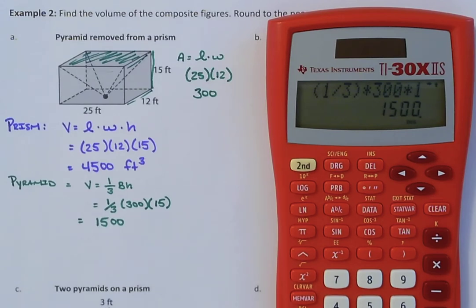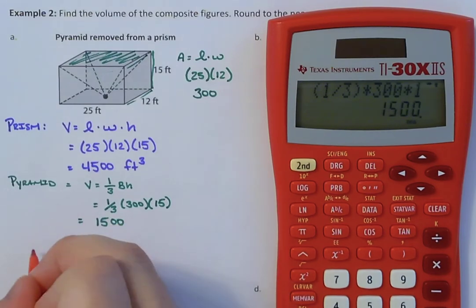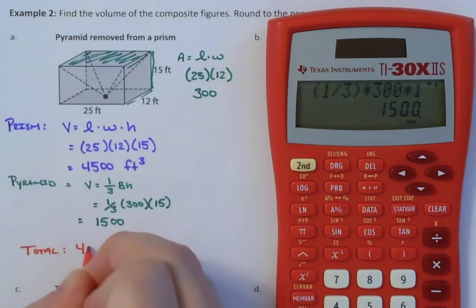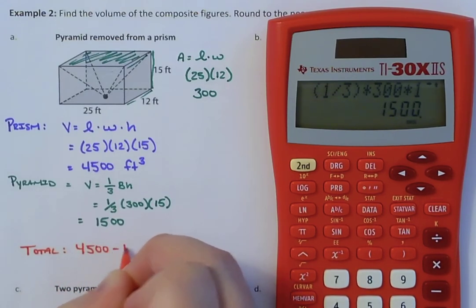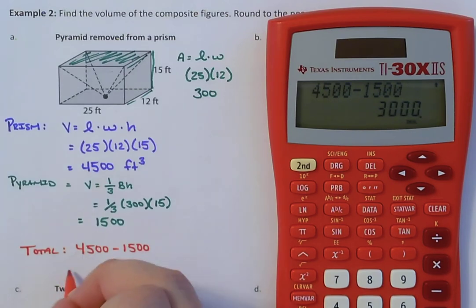Now that I have the volume of the prism and the volume of the pyramid, because it's being removed, unlike what we did in the 18.1 notes where we added them together, we're going to subtract them. So the total is going to be 4,500 minus 1,500, which gives us 3,000.